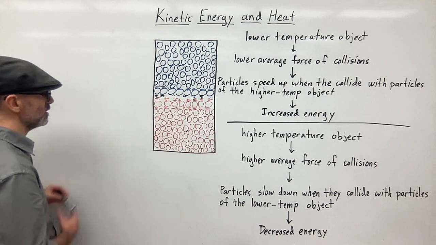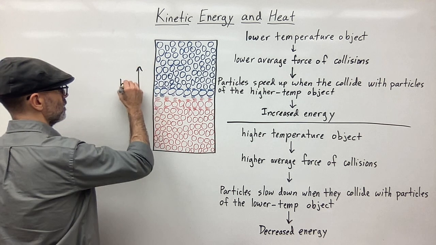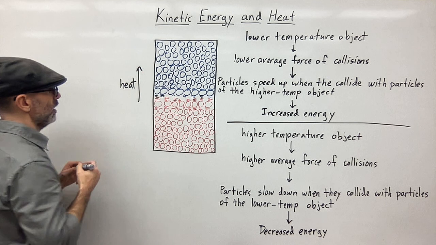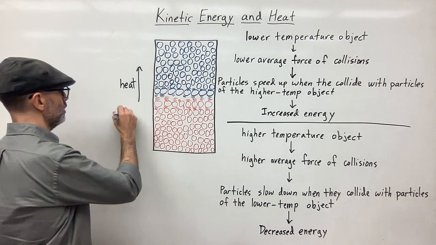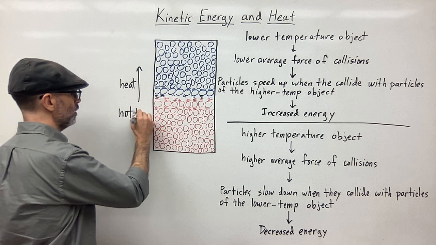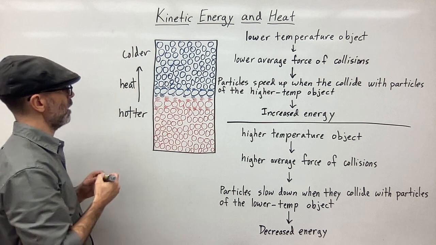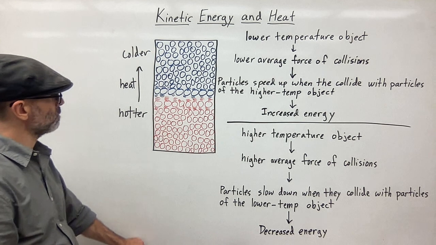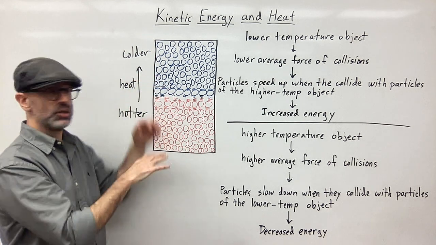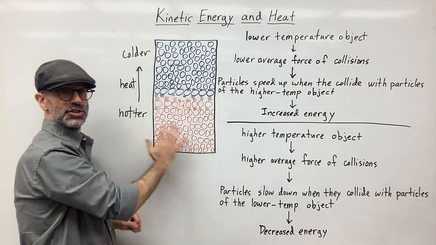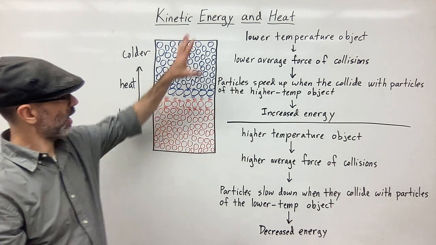So if I write this down, energy or heat, right? Heat is going to be transferred this way from the hotter object to the colder object, until, of course, they reach an equal temperature, which means that the average kinetic energy of both objects are equal. And so that's what I have written here.